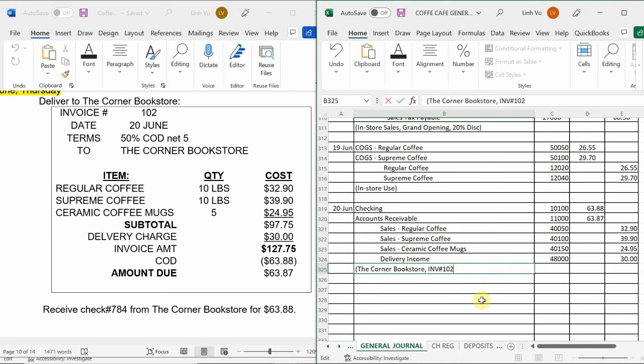What else? Check number. Received the check. Okay, check number 784. Good.